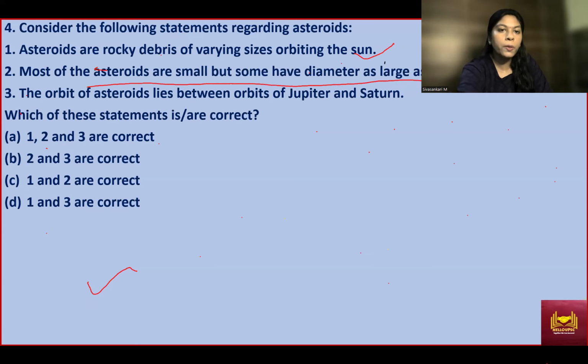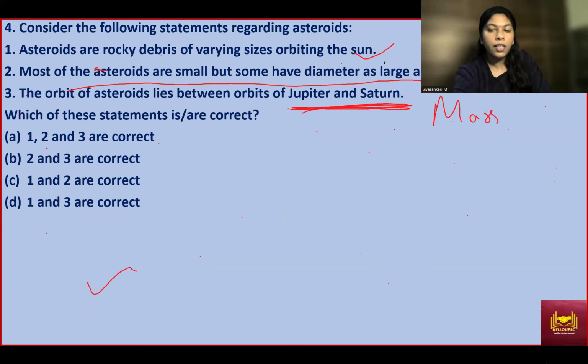We are not sure about the size. Come to the next statement. We have seen already that asteroids are broken pieces of planet. The orbit of asteroids lies between the orbit of Jupiter and Saturn. This is completely wrong. We saw that the asteroid belt is between Mars and Jupiter only. We have seen this several times, so this is completely wrong.